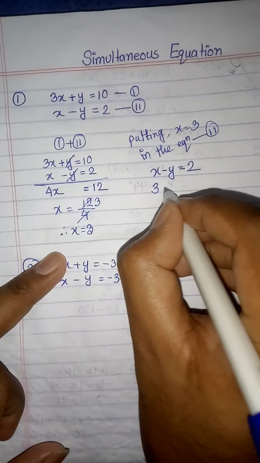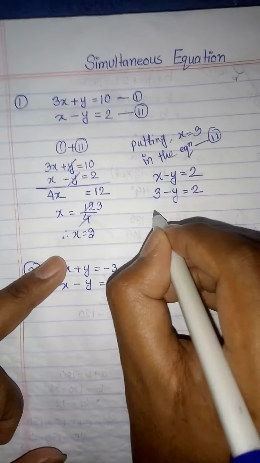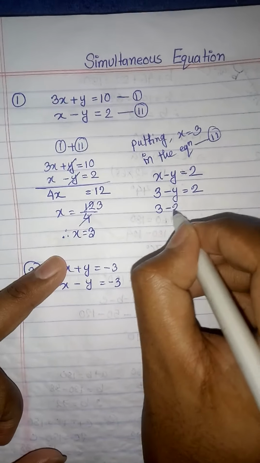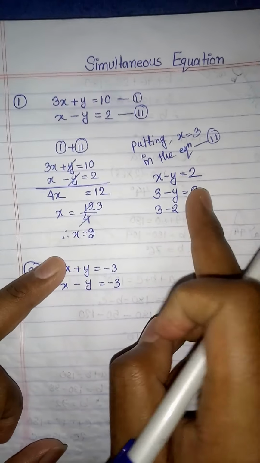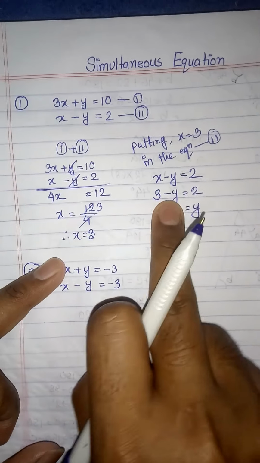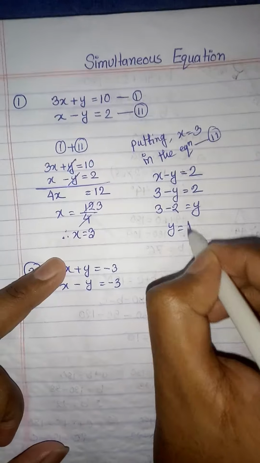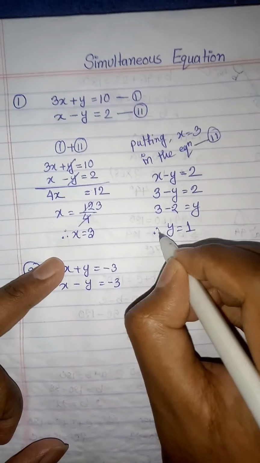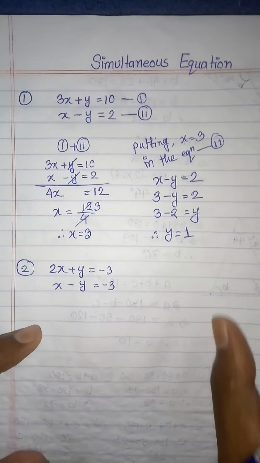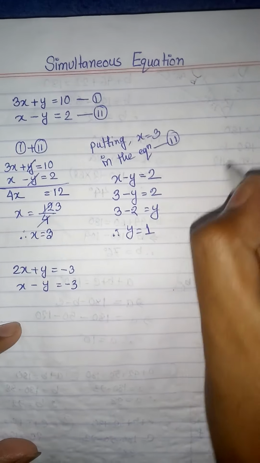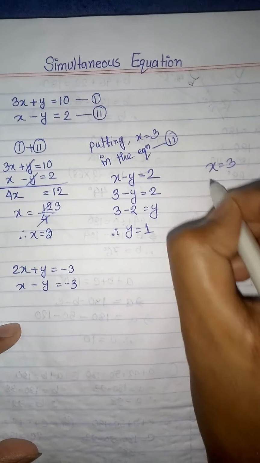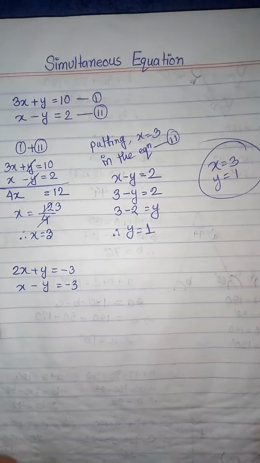The value of x is 3, 3 minus y equal to 2, so 3 minus 2 equal to y. The 3 will be shifted to that side and this minus y will be shifted to the right side. So the value of y is 1. So we are done with the first problem, that is x equal to 3 and y equal to 1 is the answer of the first equation.